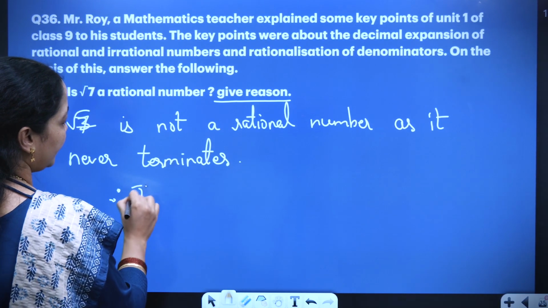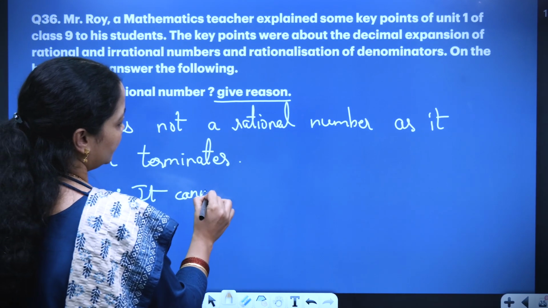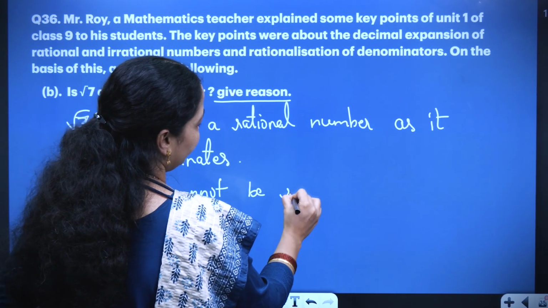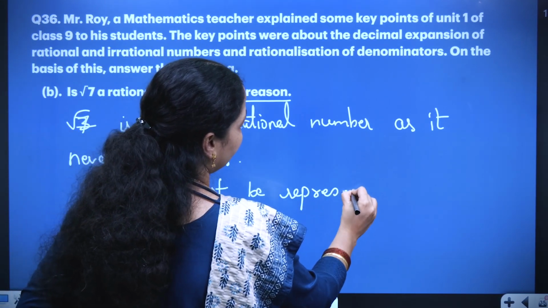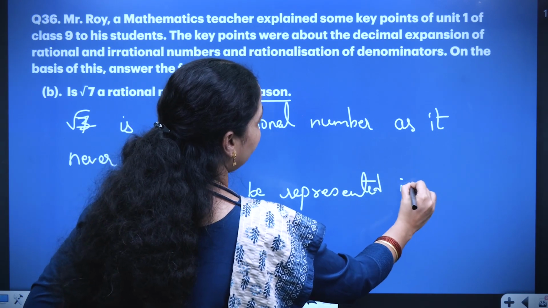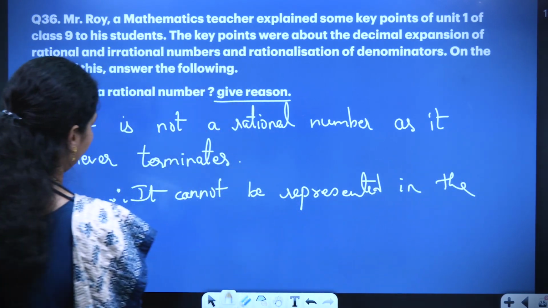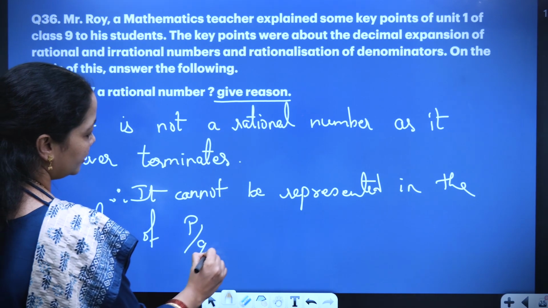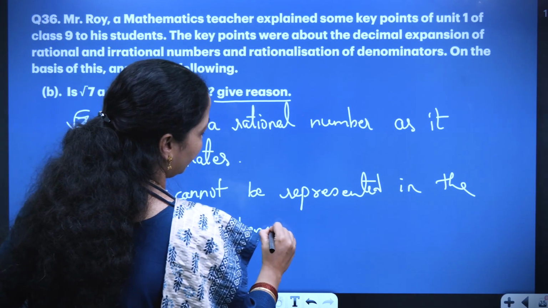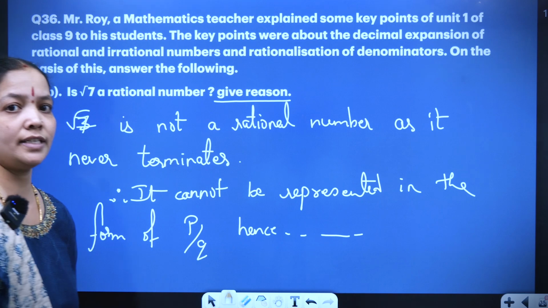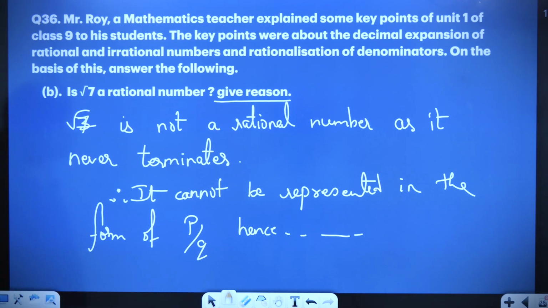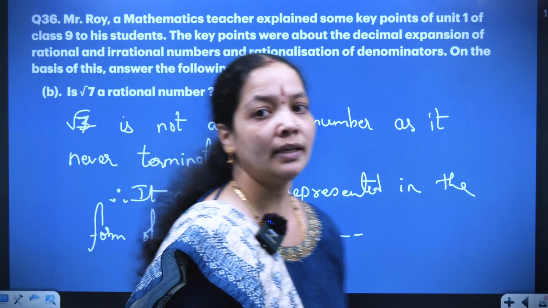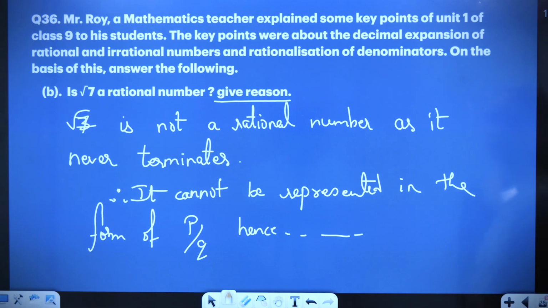Therefore, it cannot be represented in the form of p by q. Hence, root 7 is not a rational number. This will be the exact reason you have to adopt to solve this question.